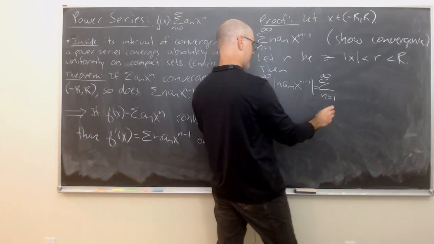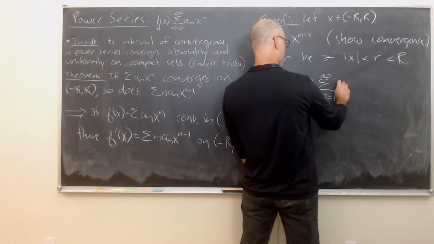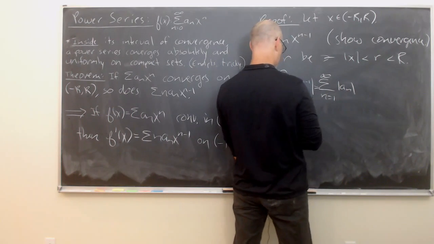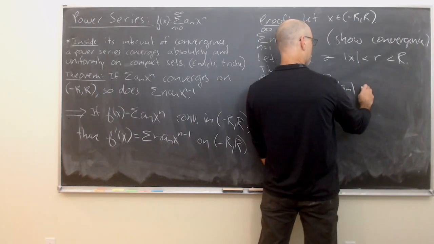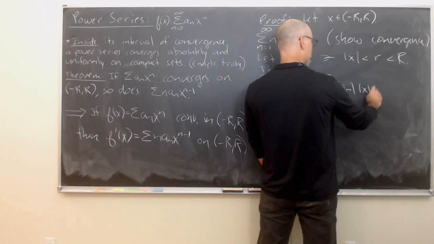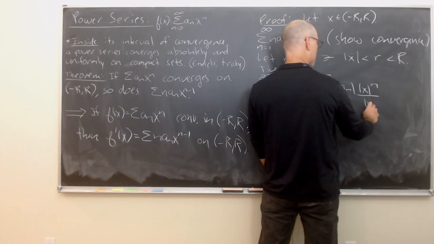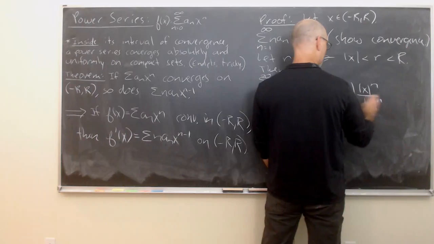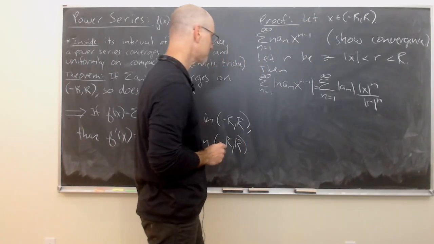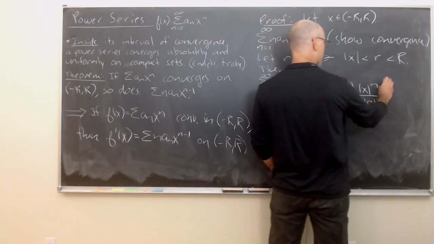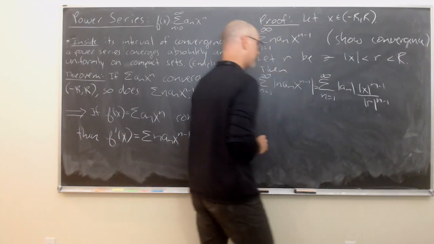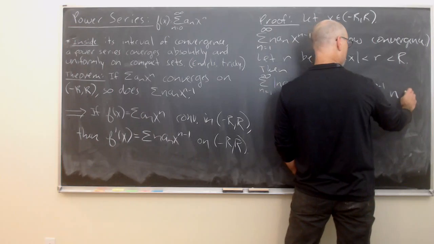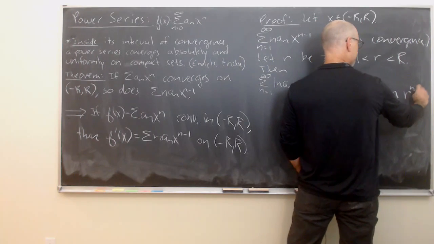So I'm going to have absolute a_n x to the n minus 1 times n, which is absolute a_n over r, times r to the n minus 1, times n.